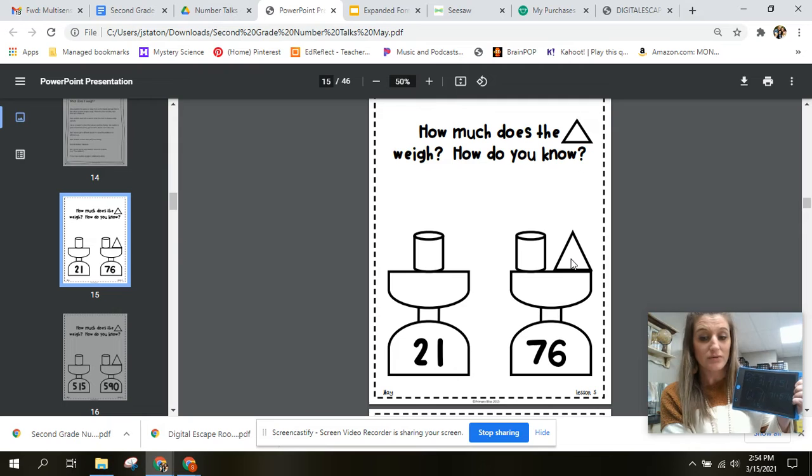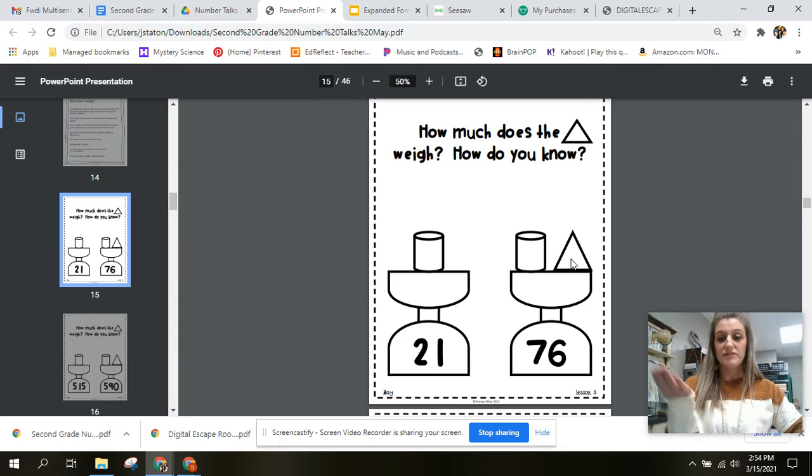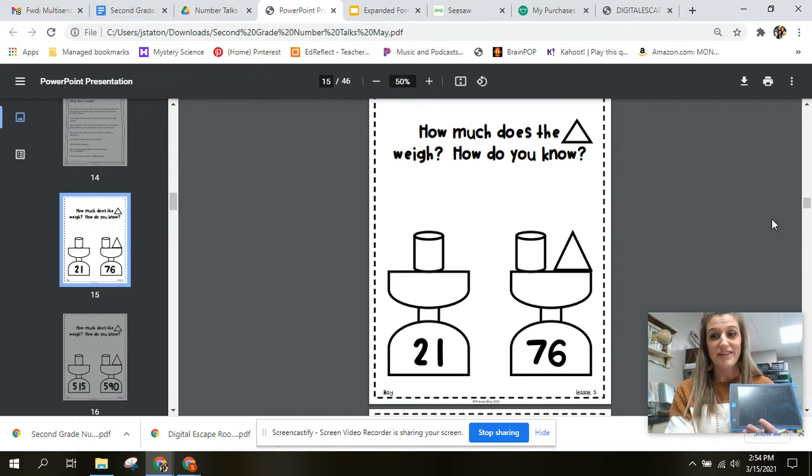It still has those same numbers in there. So we need to add 5 more. If we added 50 and we added 5, that's 55, right? So what we're saying today is that since we know that the cylinder is worth 21, we know that the triangle is worth 55. Okay, let's do another one. We're going to balance the equations.